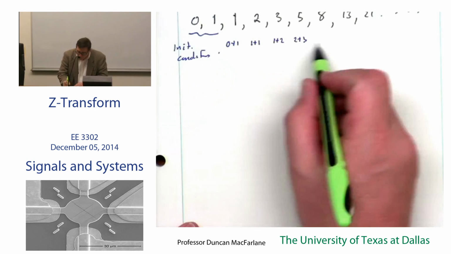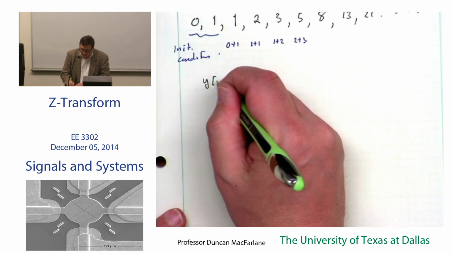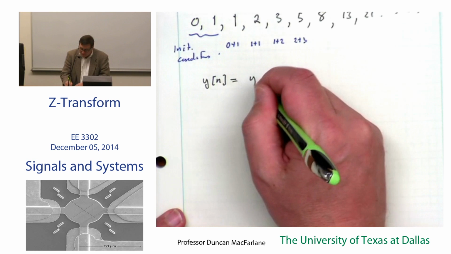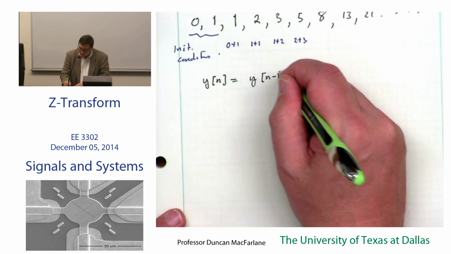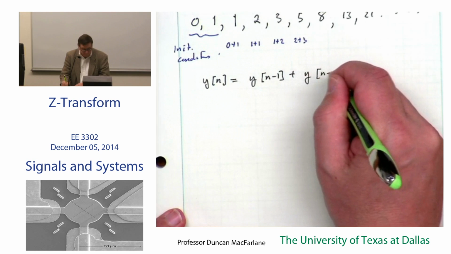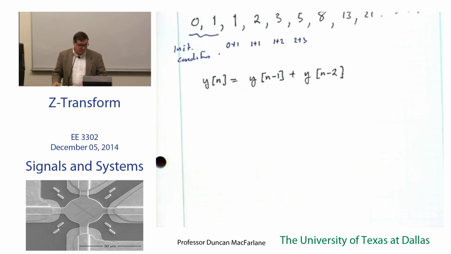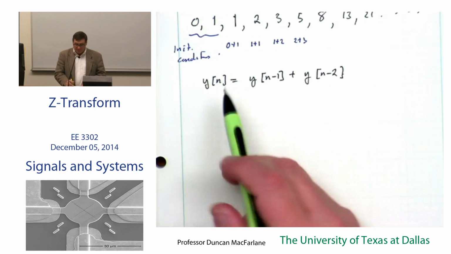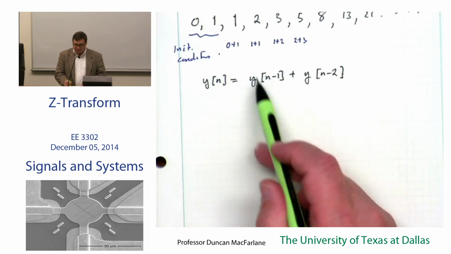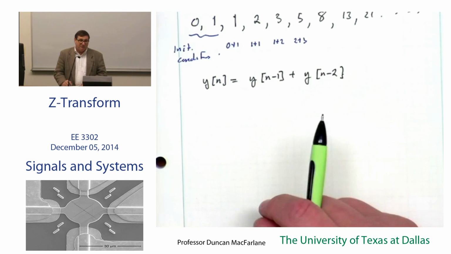Let's go back to this rule and how exactly it is described. y of n is equal to two previous outputs. So this is the rule: the output is equal to the prior output plus the output two cycles ago.